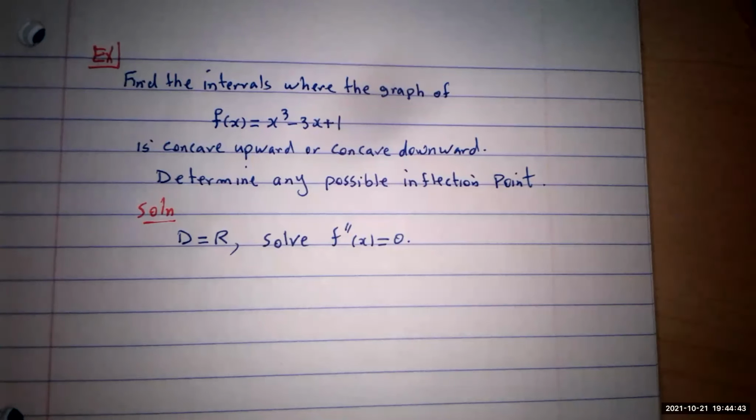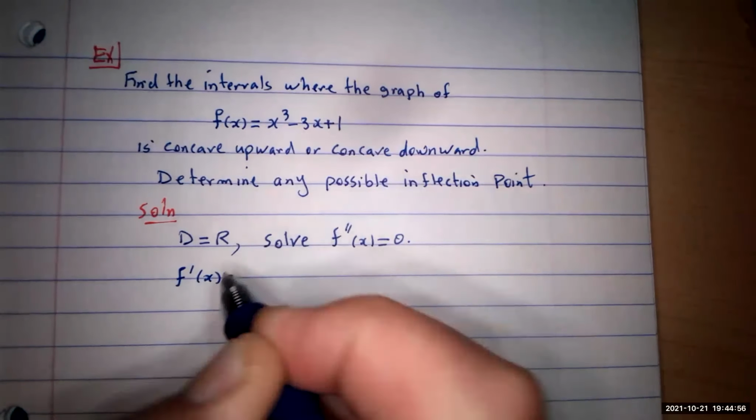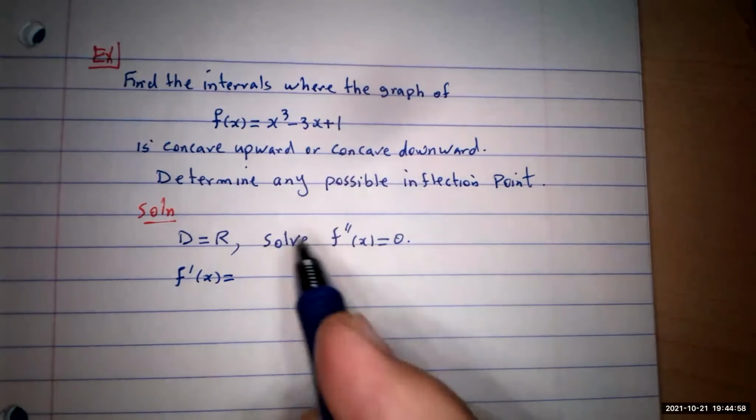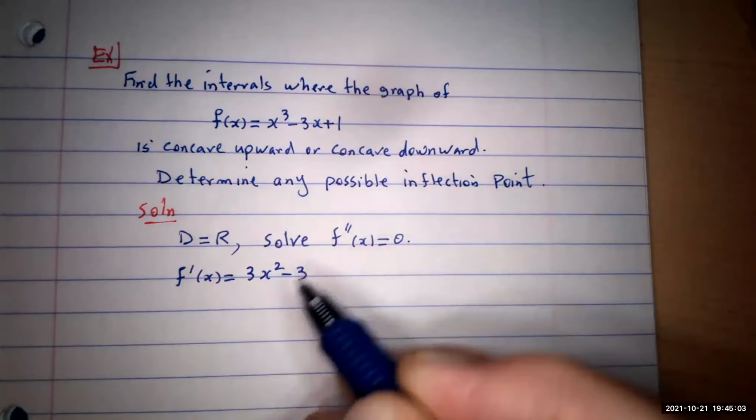So differentiate. You have to find f prime first, and then differentiate it again, so that gives f double prime. F prime, the derivative of the function, gives you 3x squared minus 3. You're not going to stop here.